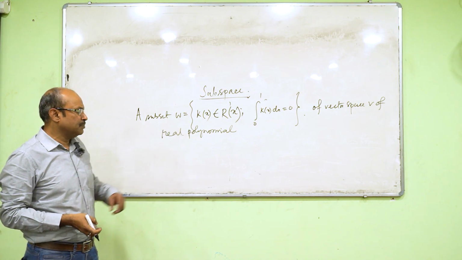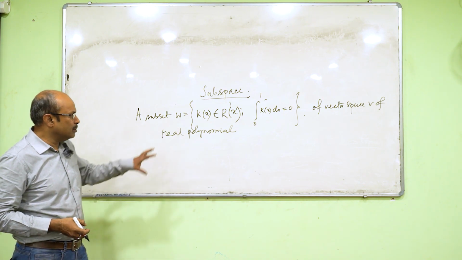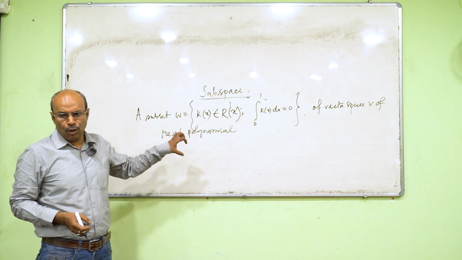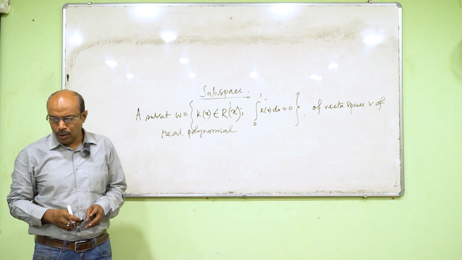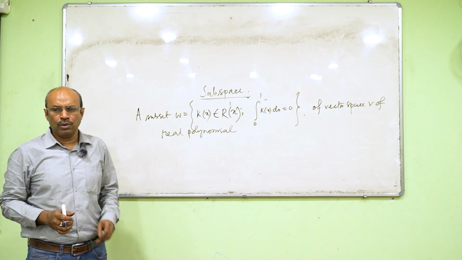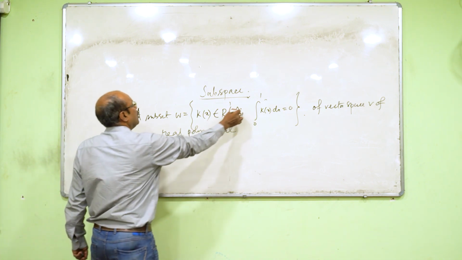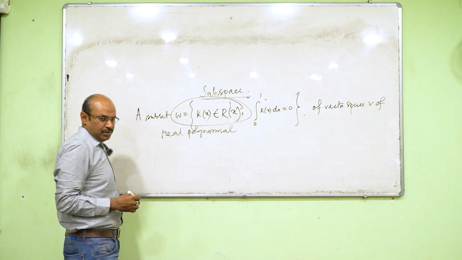What is capital W? Capital W is a non-empty set of real polynomials. Now we have to show whether capital W is a vector space or not.